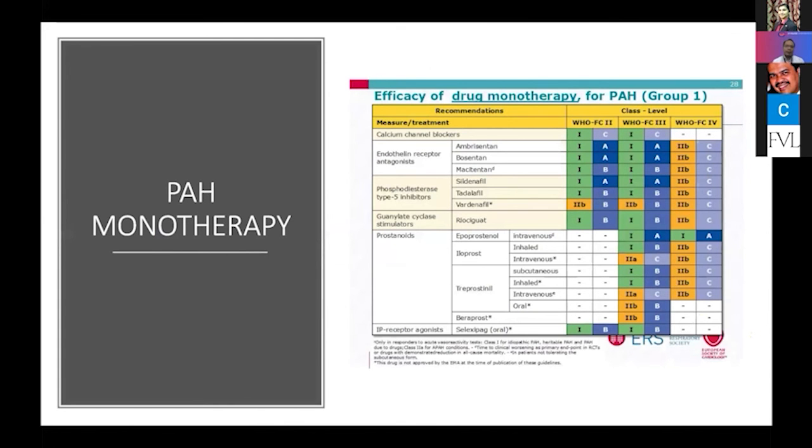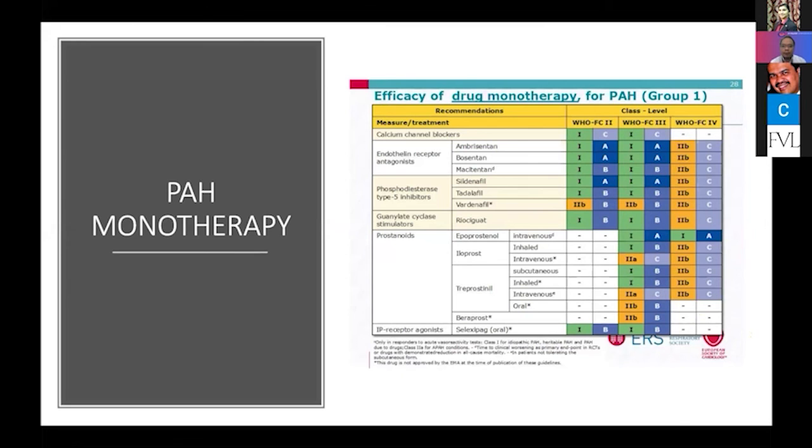So these are the medications for monotherapy that are available. You have the calcium channel blockers. Be careful about calcium channel blockers. I know a lot of people like to start calcium channel blockers because it's simple, but in pulmonary hypertension, only a select few patients would benefit from them. These patients who benefit have a positive vasoreactivity test during the right heart study.